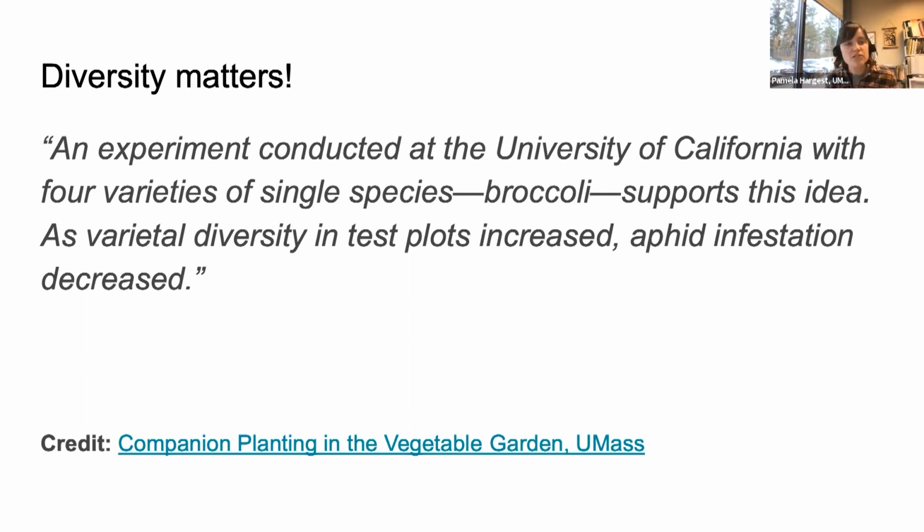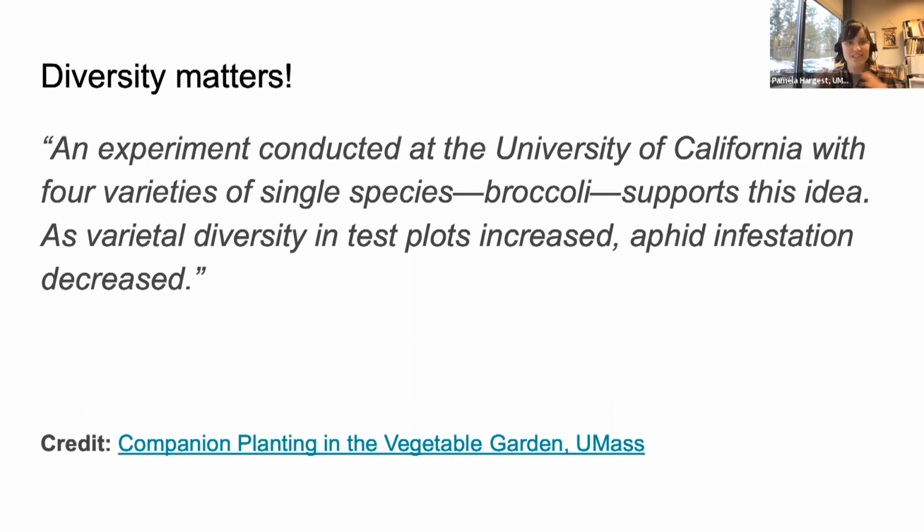However, there is some research showing that diversity of plants generally contributes to reduction in pests. And so I'd like to include this example from the University of California, because they essentially conducted an experiment where they had 4 varieties of different broccoli. And they found that in those test plots, aphid infestations decreased.